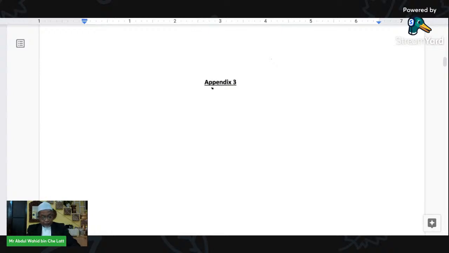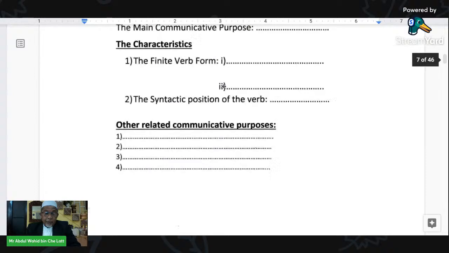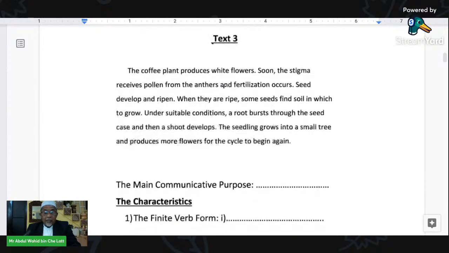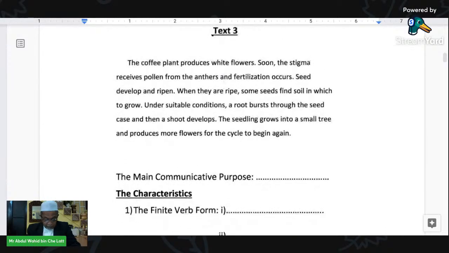Okay, ladies and gentlemen, so text 3 represents the third main communicative purpose, that is description, natural process. Okay, let us look at text 4.